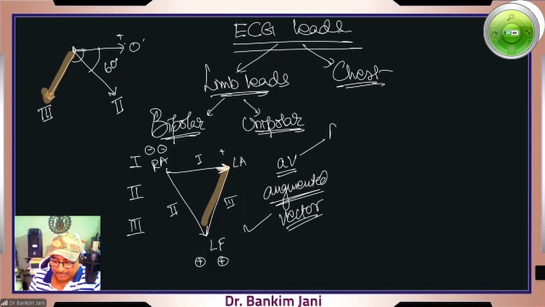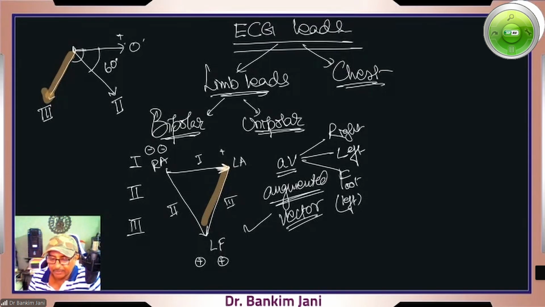There is AVR, AVL, and AVF: right, left, and foot, where foot is left foot. So these were the 6 limb leads.